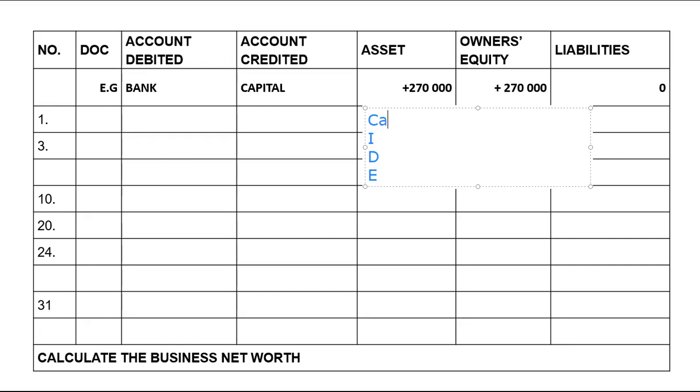The first C stands for capital. I stands for income. D stands for drawings. E stands for expenses.